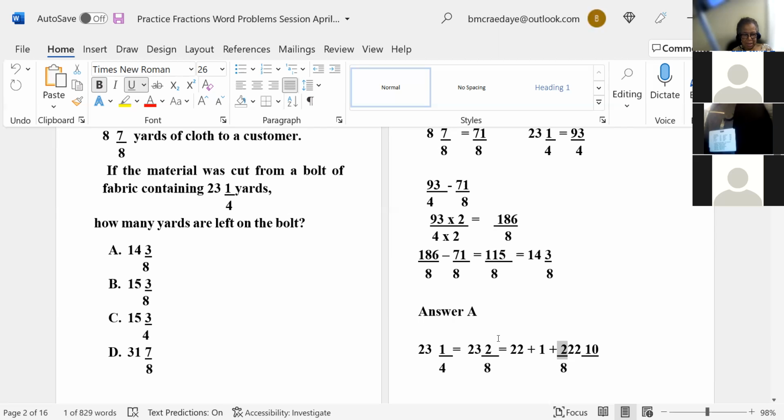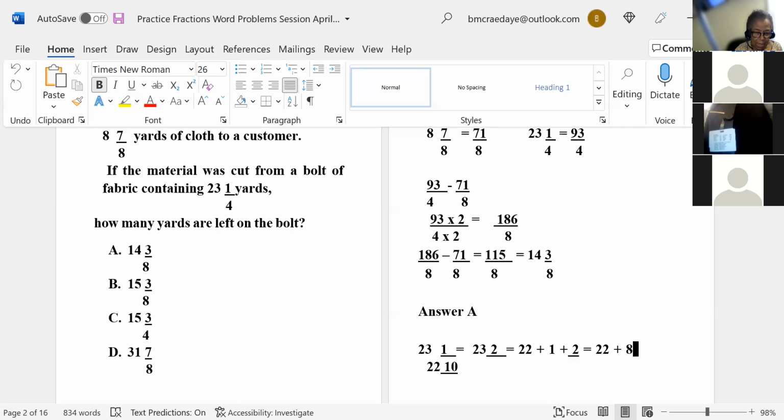That's 23, right? And I already had the 2/8. But 1 is 8/8. You add it to it. 8/8 plus 2/8 is 10/8. So let me just put what I did here. That would be 22 plus 8/8 plus 2/8, because that's what 1 is equal to, 8/8.